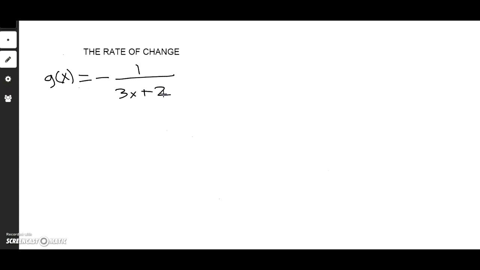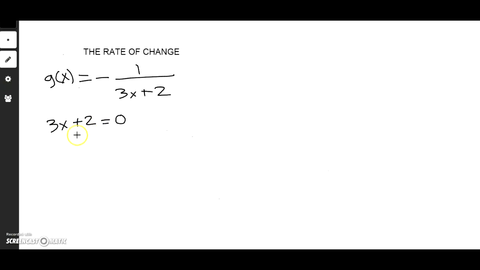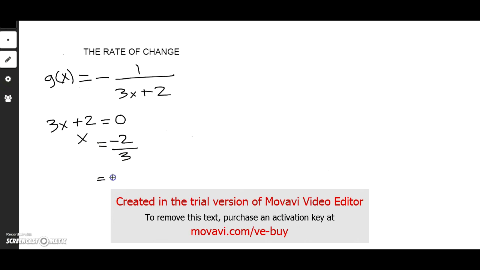So in order to find the value of x, we have to let the denominator equal 0. So we get 3x plus 2 is equal to 0, or the value of x would be negative 2 over 3, which gives a value of negative 0.66.